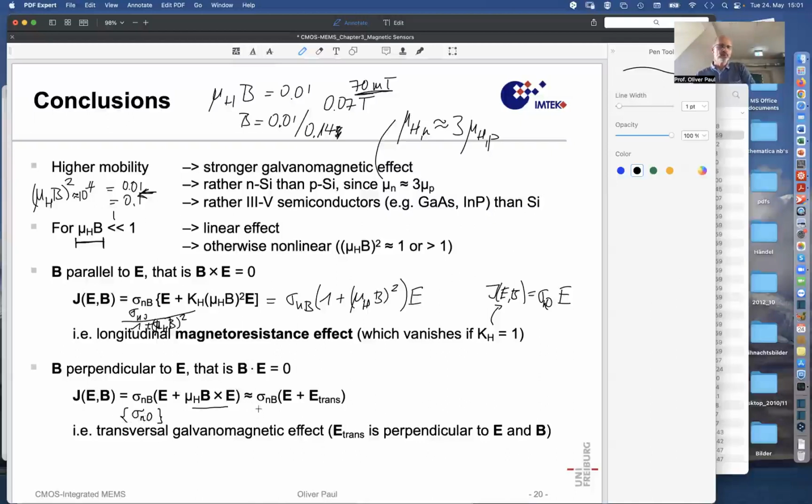So approximately, or equivalently, this can be written as the original electric field that is applied to drive the current, plus something which is perpendicular to the original field. And I'll just write E trans here. So it looks like the current is driven by an electric field that goes in the direction of the original field.